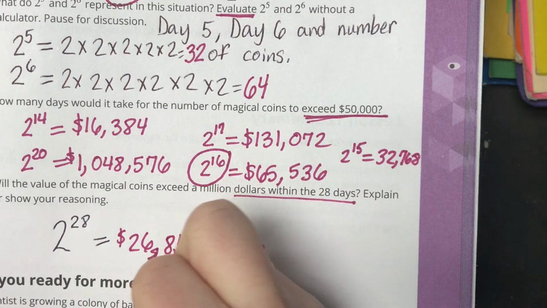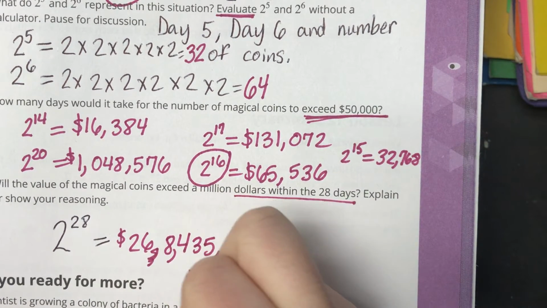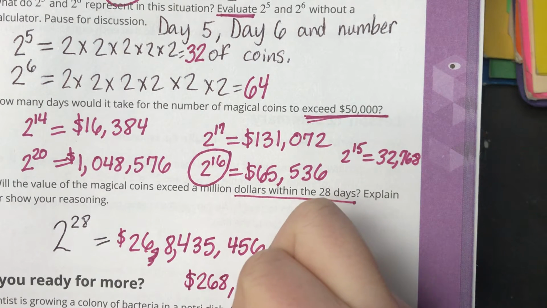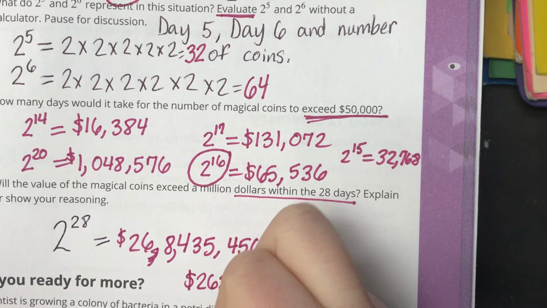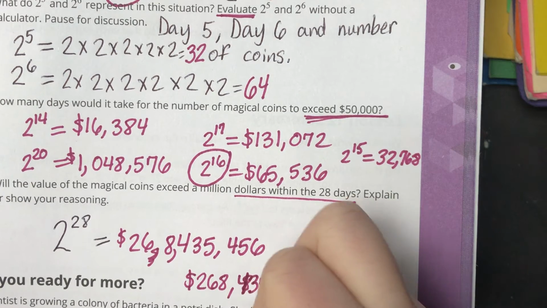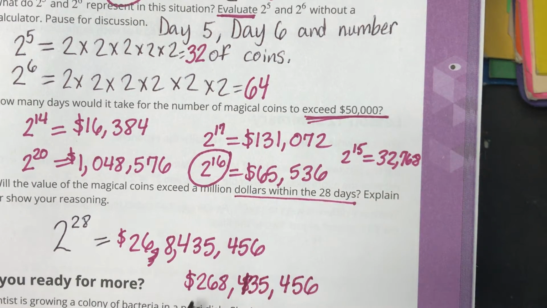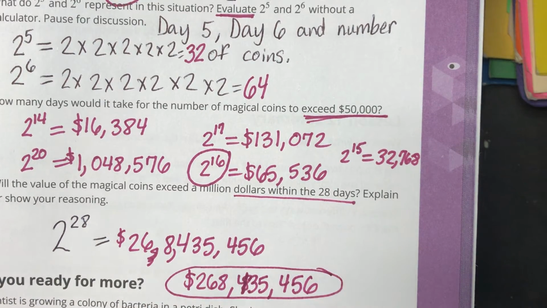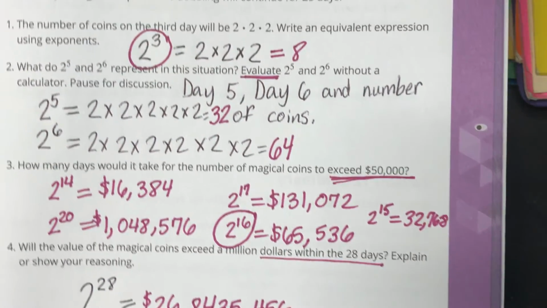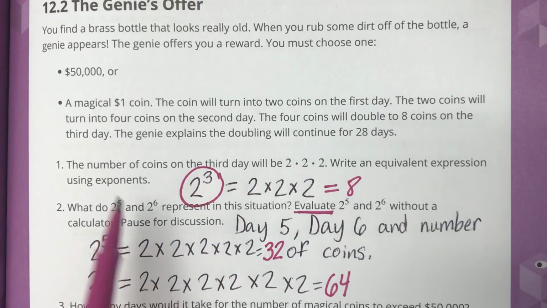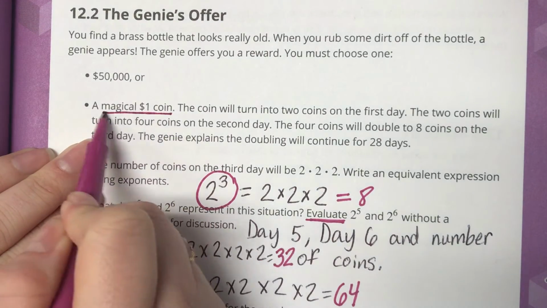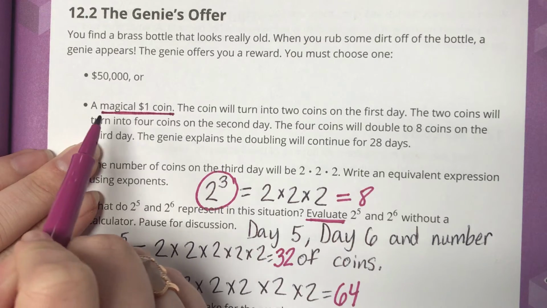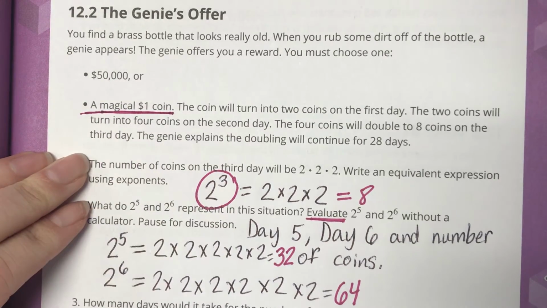So just to rewrite this, just so it's got everything lined up, 268,435,456. So if I were you and I knew how to do math, I would have chosen the magical coin, because it is going to way exceed 50,000.